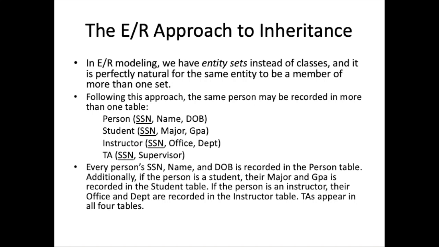And in the case of a student, that student will be recorded in the person table, and then they'll also be recorded in the student table. The student table will supply, well, we need the social security number because that's the primary key. But aside from that, just the major and the GPA, and not the inherited attributes of name and date of birth, because their name and date of birth will be recorded in the person table.